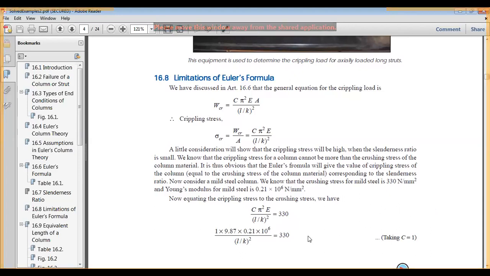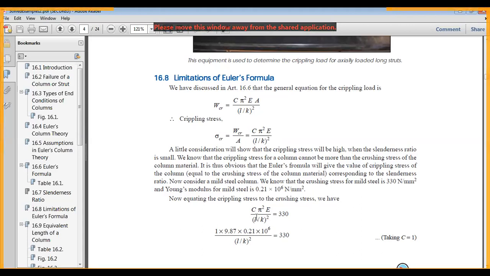So we can find slenderness ratio L by K, since we are given sigma; this is crippling load or buckling load, and if it is divided by the cross-sectional area, it will come as crippling stress. So this way we'll calculate L by K, the slenderness ratio.